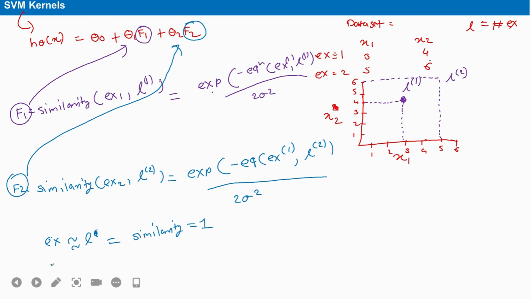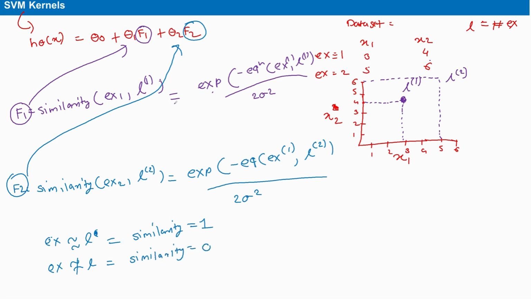If your example and landmark are far from each other, you will get a similarity of 0.